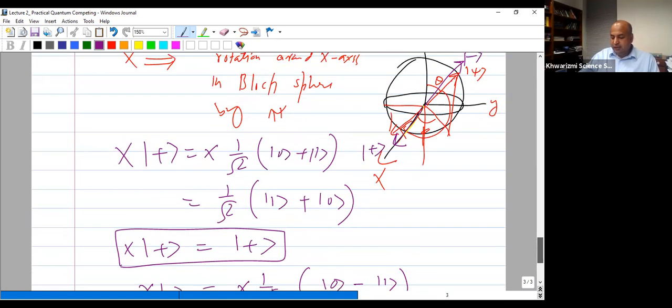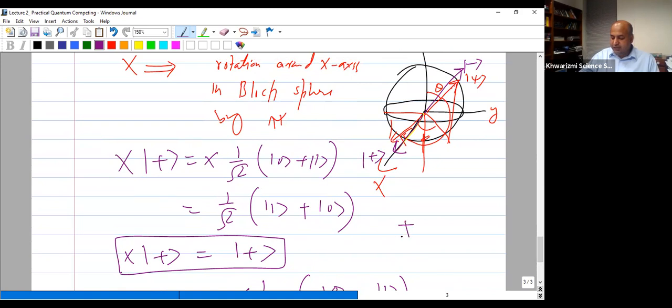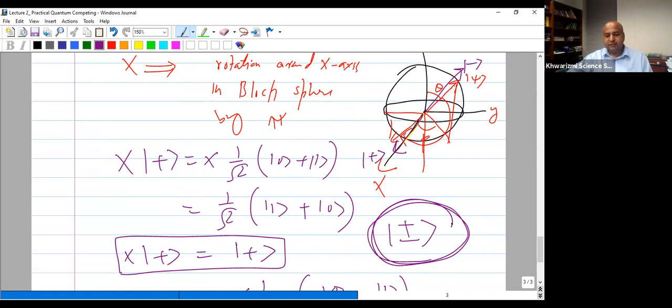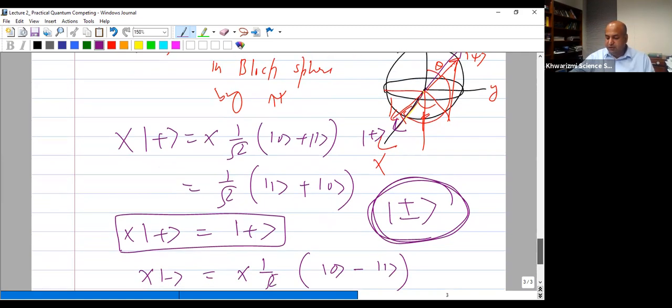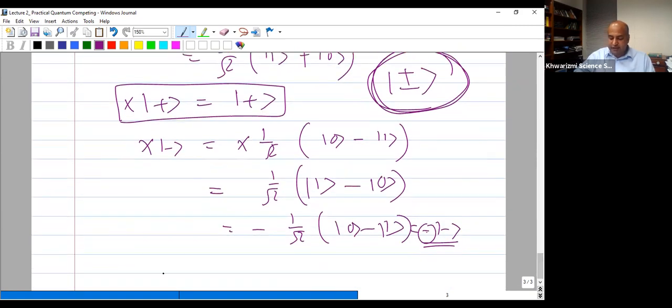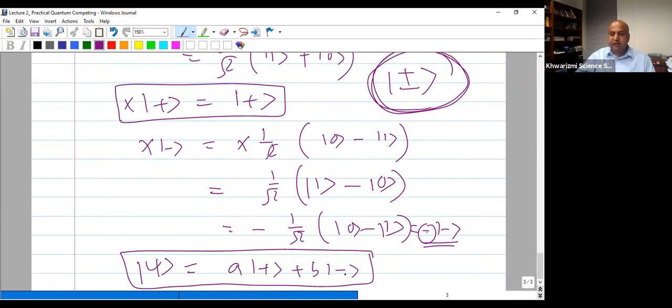It means that these plus and minus states are the eigenstates of this operator X. So that's why, when we express our general state psi as a superposition of plus state and minus state, we refer to this plus minus as X basis, simply because they are eigenstates of the X operator.